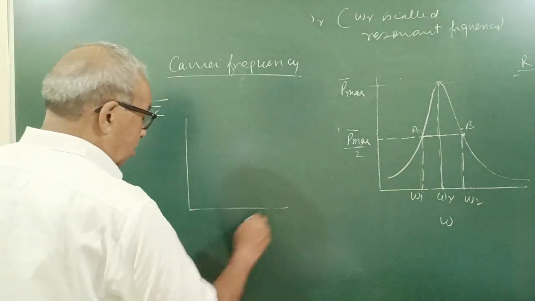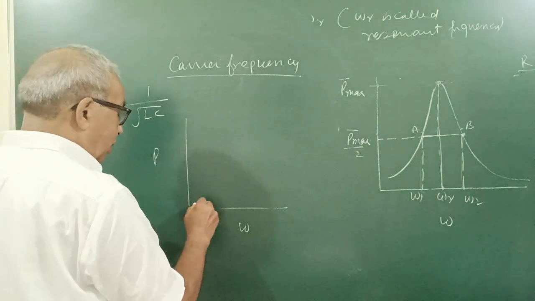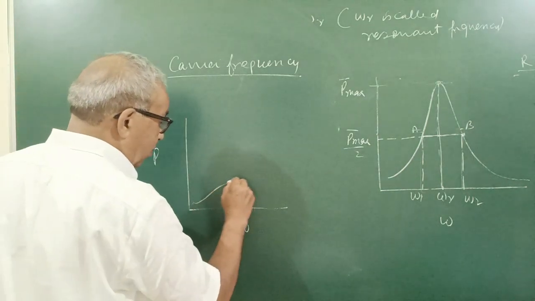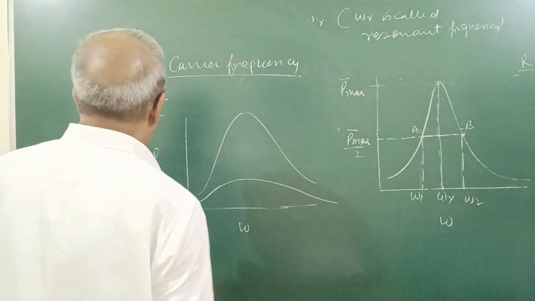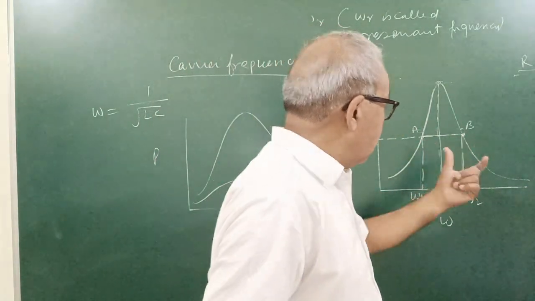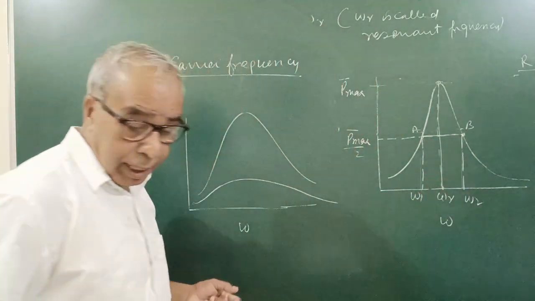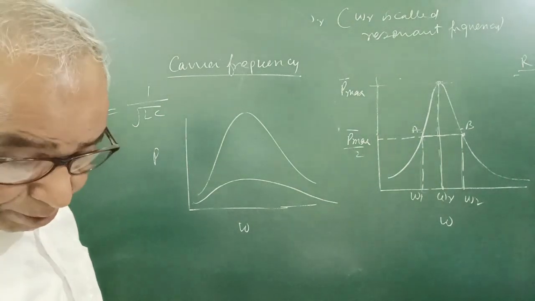I told you that if we make a graph of omega and power, or current, it will be flat if R is large. If R is small, it may look like this. How the frequency difference depends on R, I will take in the next video, because that also requires a lot of mathematics.